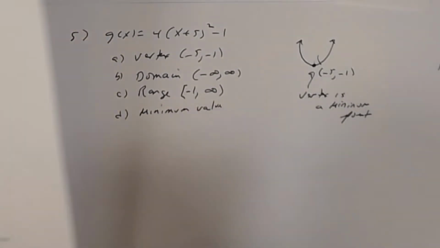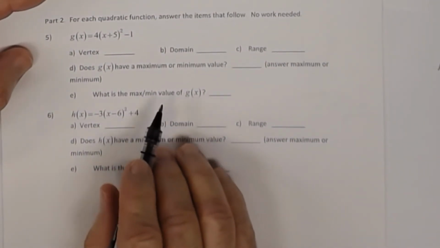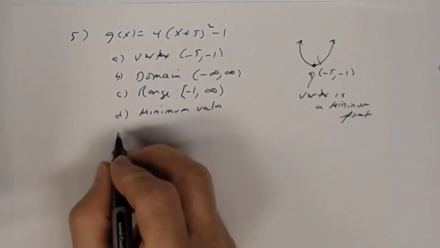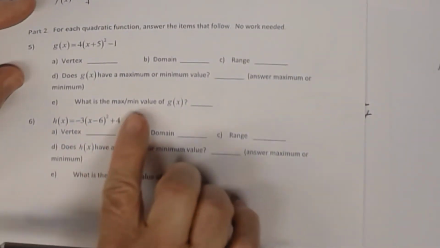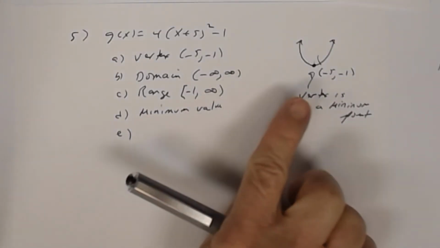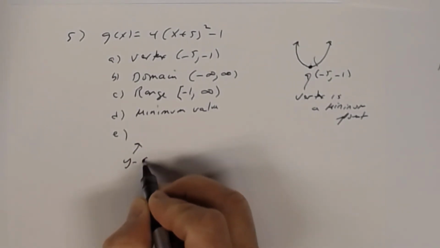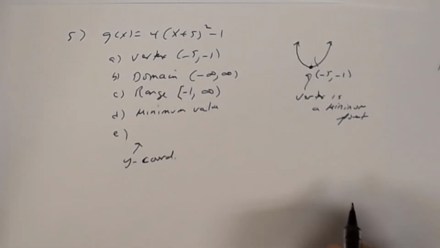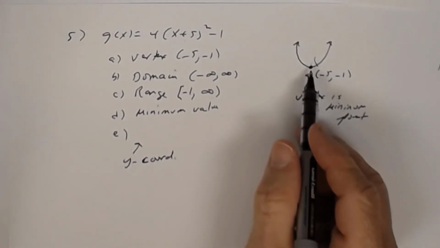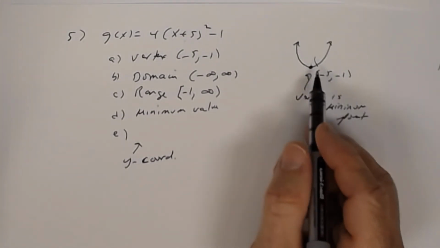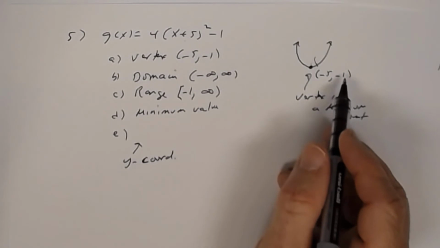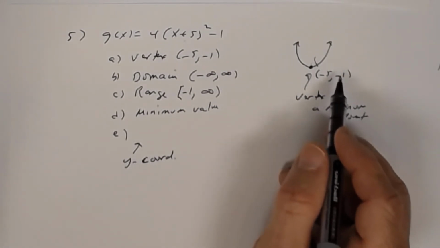And then part E says, what is that minimum value of g of x? Now this is important. It says the minimum value of g of x. The minimum value, that's your y value, your y coordinate. So don't say the point. Don't say the minimum value is this point. The minimum value is the y coordinate, which is negative 1.